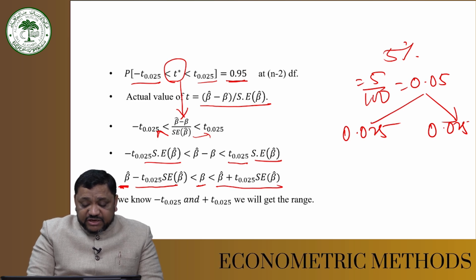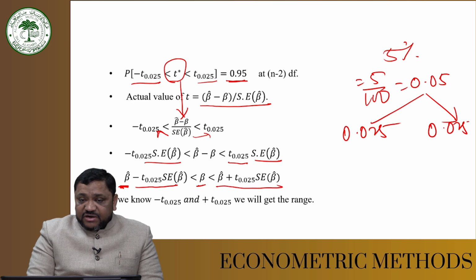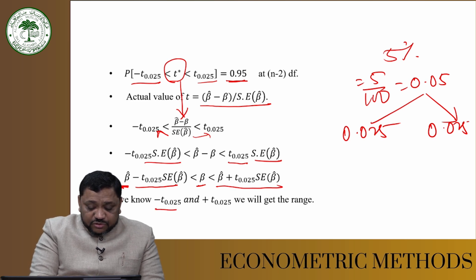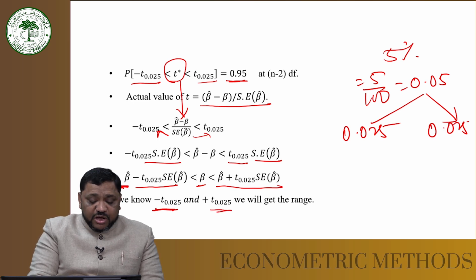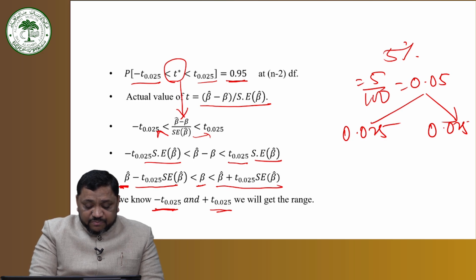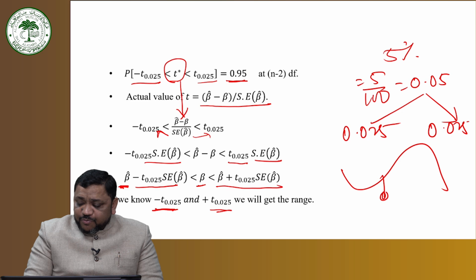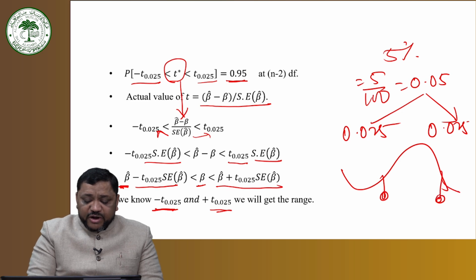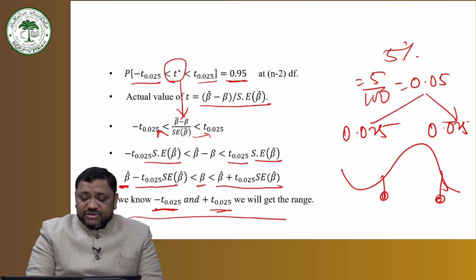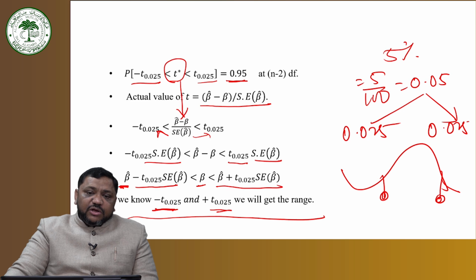If we know this, we can get the t value from the t table. When we know these two points, we get a range which is helpful for forming the confidence interval.